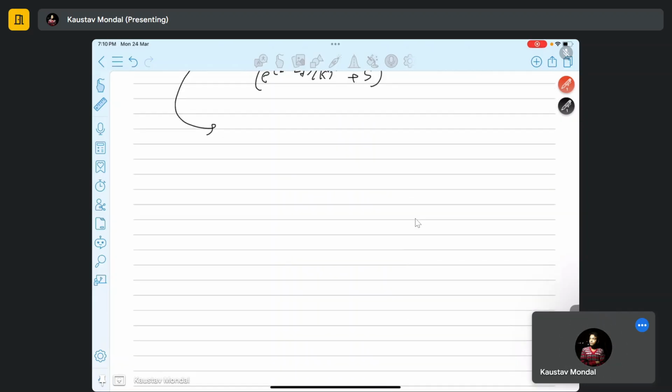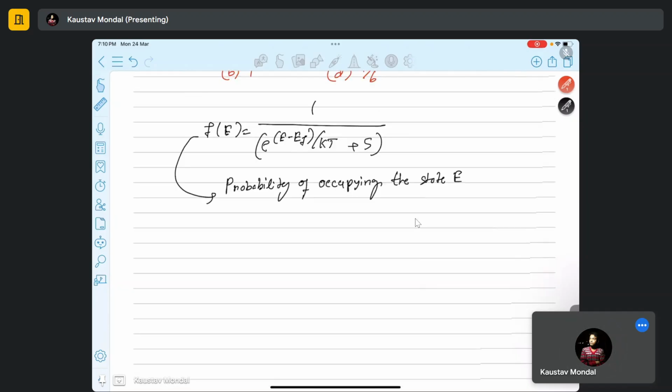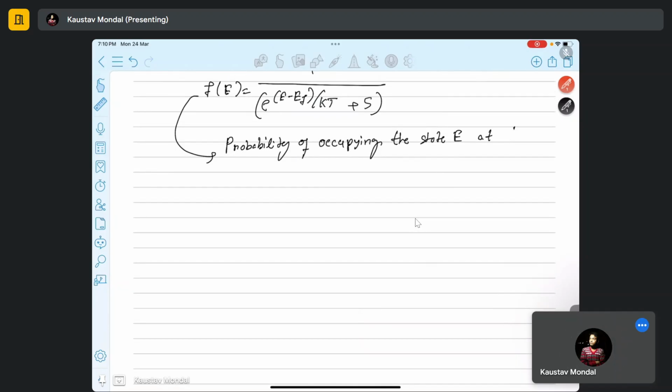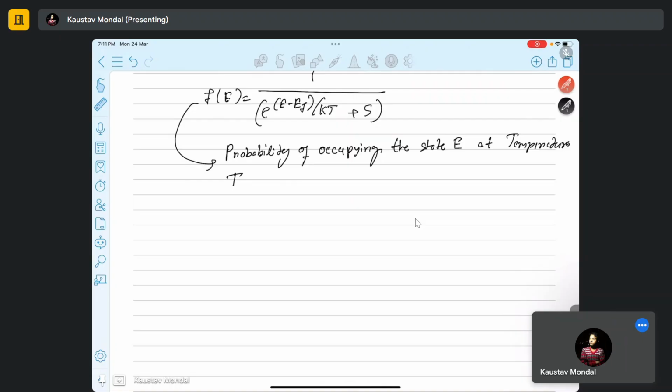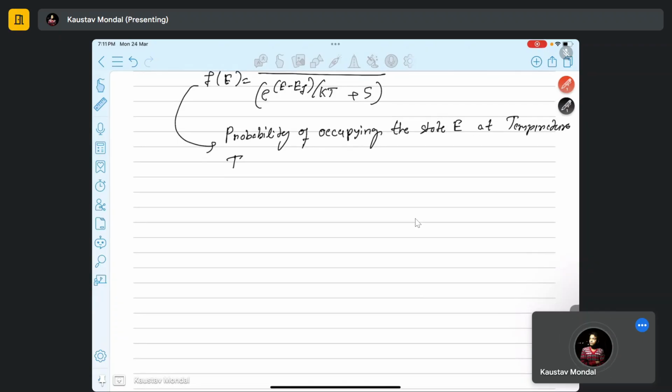This gives us the probability of occupying the state E at temperature T. EF is the Fermi energy here.